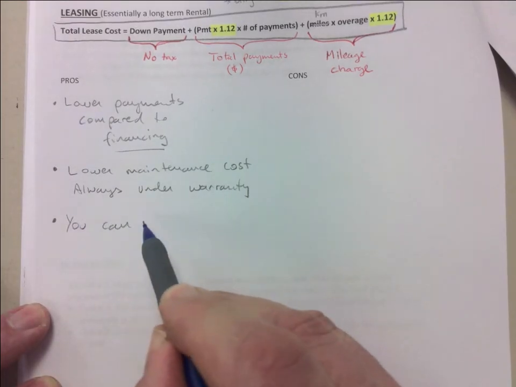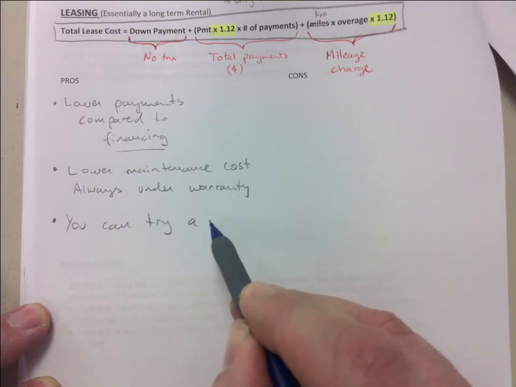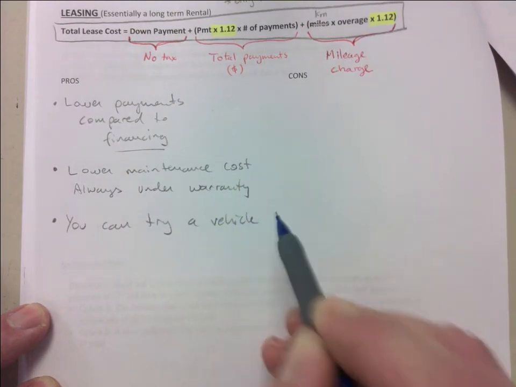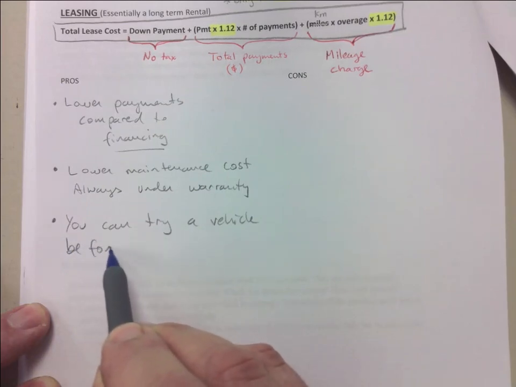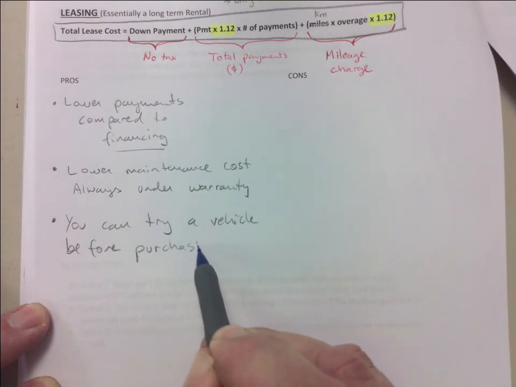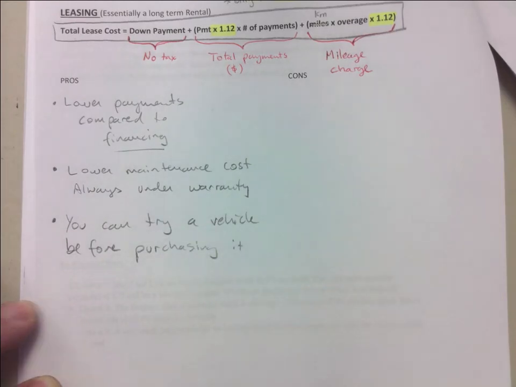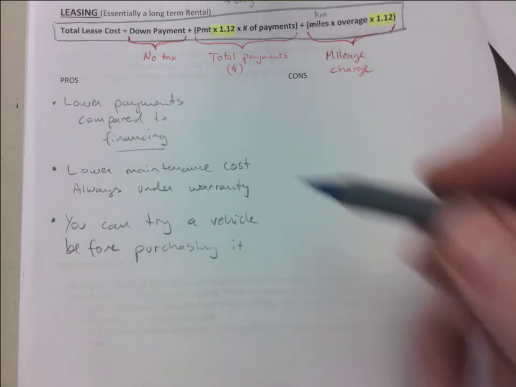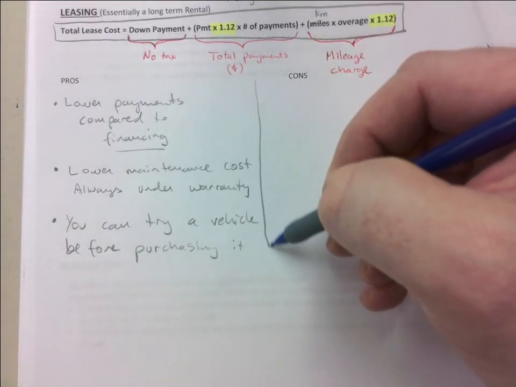You can try a vehicle before purchasing it. I find it kind of like a lame excuse for wanting to lease, but it is one. You can actually try it out before you fully commit to buying it, okay? So I'm just going to leave it at that.